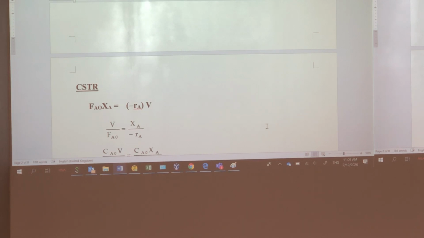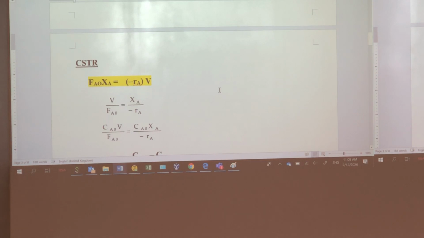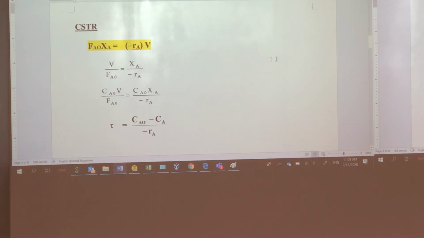Okay? Alright, so we will give you this design equation. You start from here. So this design equation will be given. Please remember these few steps. Step 1, rewrite. Step 2, multiply CA0 on each side.